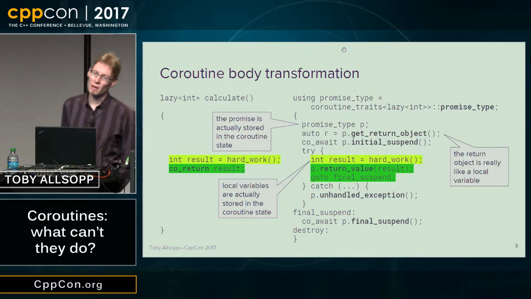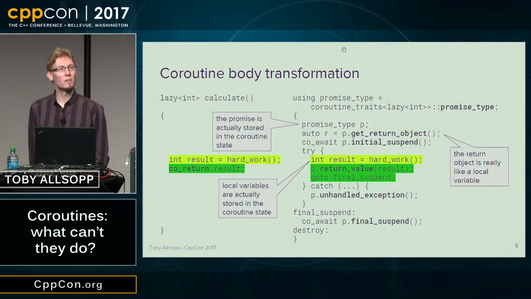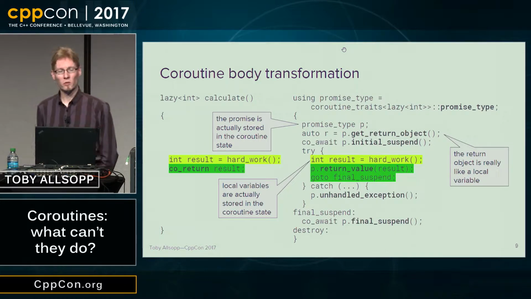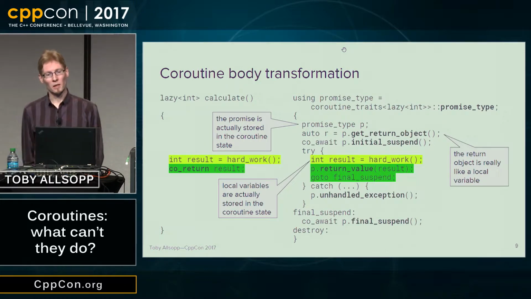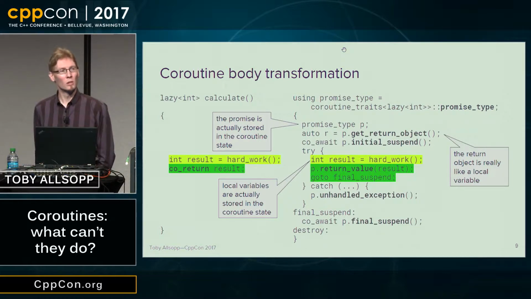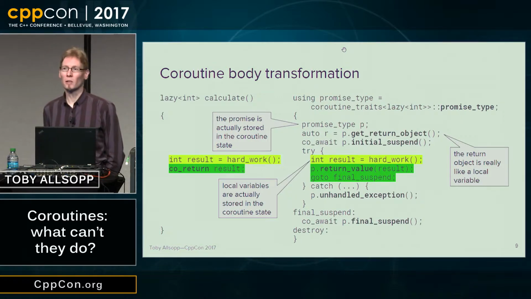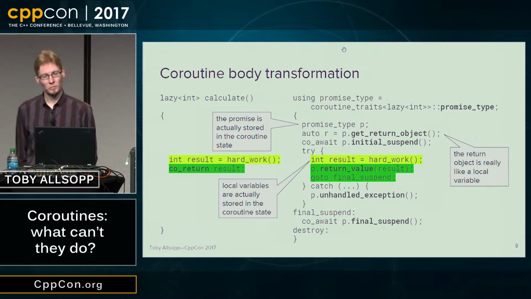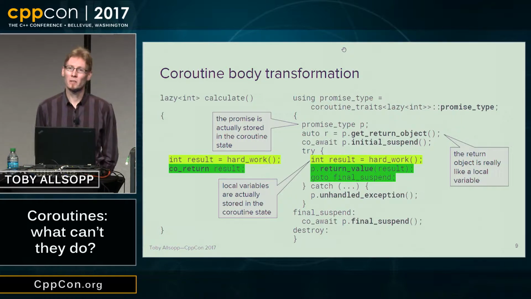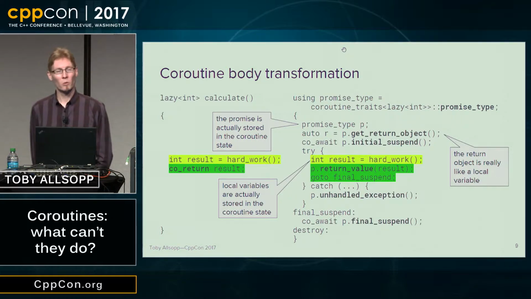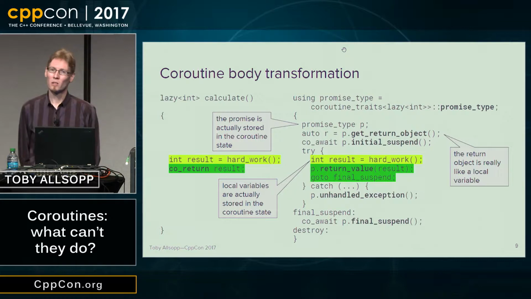So that allows the coroutine to suspend before executing any of the body. In the case of lazy, that's quite important because that's what allows it to not go and do the expensive work in the body of the coroutine until asked for. So I'll explain what co-await does shortly. So co-await is the second of the 3 new keywords.